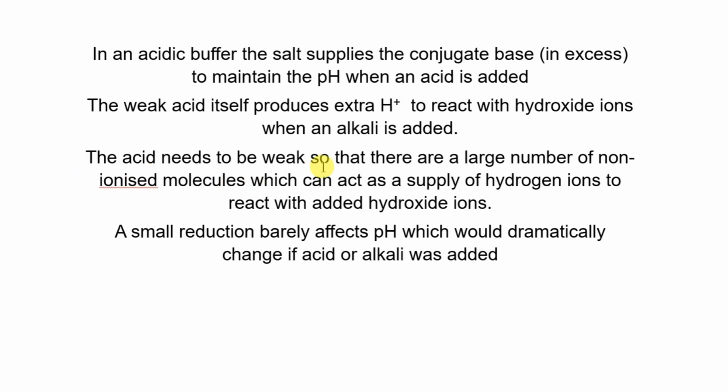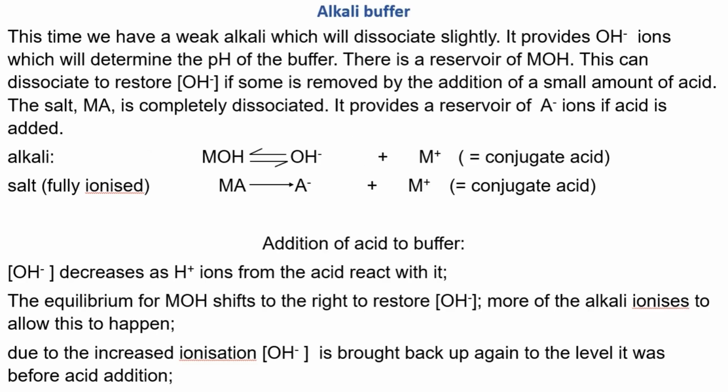The acid needs to be weak so that there are a large number of non-ionized, non-dissociated molecules which can act as a supply of hydrogen ions to react with added hydroxide ions. A small addition barely affects pH, which would dramatically change if acid or alkali was added to water.